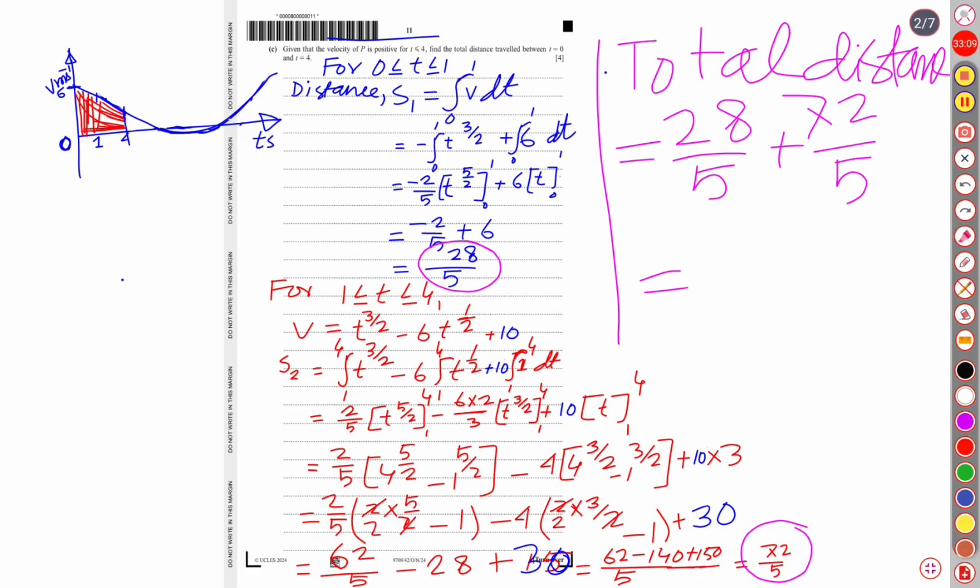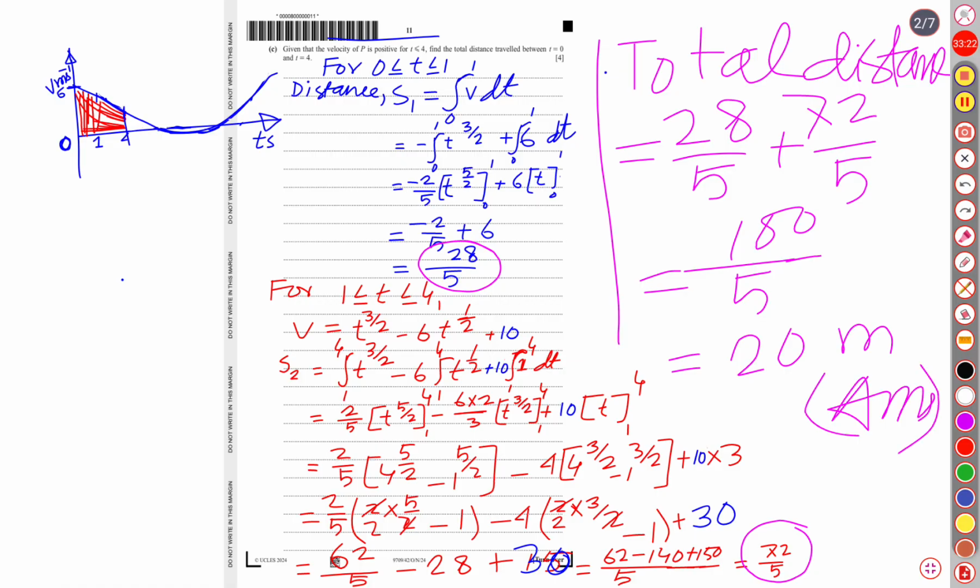Now if we add up 28 plus 72, it is going to be 100 over 5, equal to 20 meters. So total distance traveled by the particle was 20 meters.